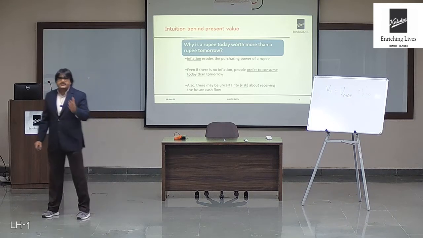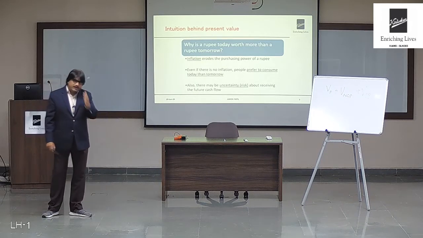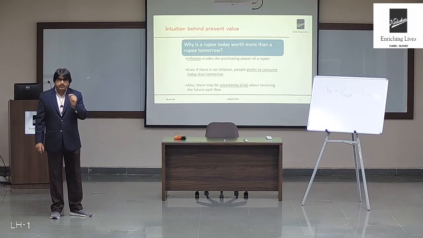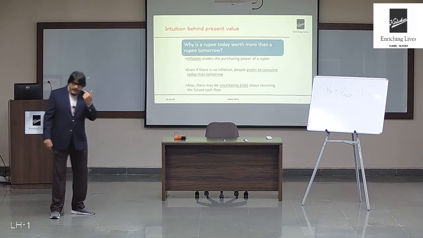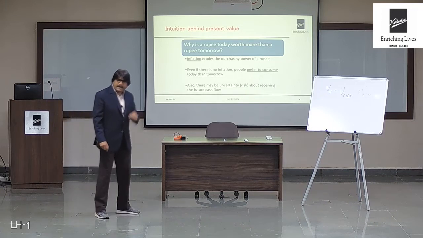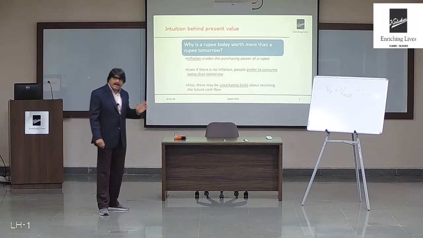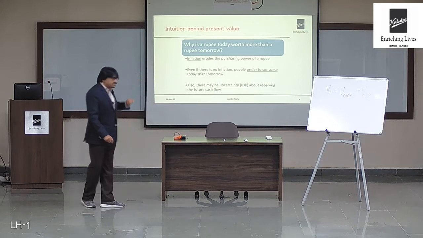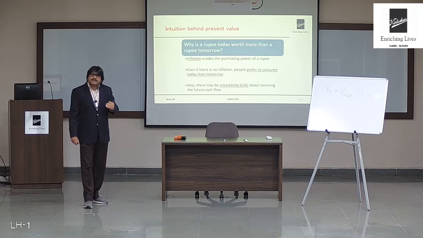If the inflation in the economy is 4%, you will definitely want that 4 rupees is given to you after 1 year. So if you are lending me 100 rupees, you are expecting that at least inflation should be covered so that I can buy the same goods after 1 year. And that is the first point. So inflation erodes the value of the money.